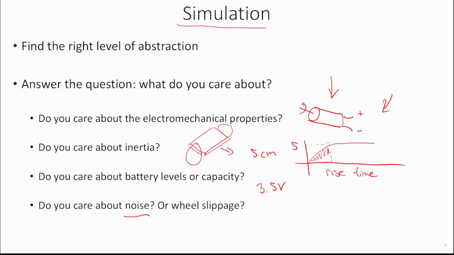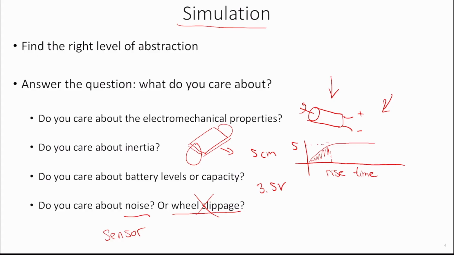Do we care about noise? So things like sensor noise or actuation noise, which can come in the form of wheel slippage. And here's where we start getting into questions where it matters what we're trying to do. If we're just looking at things like our kinematic model, we probably don't need to care about wheel slippage.